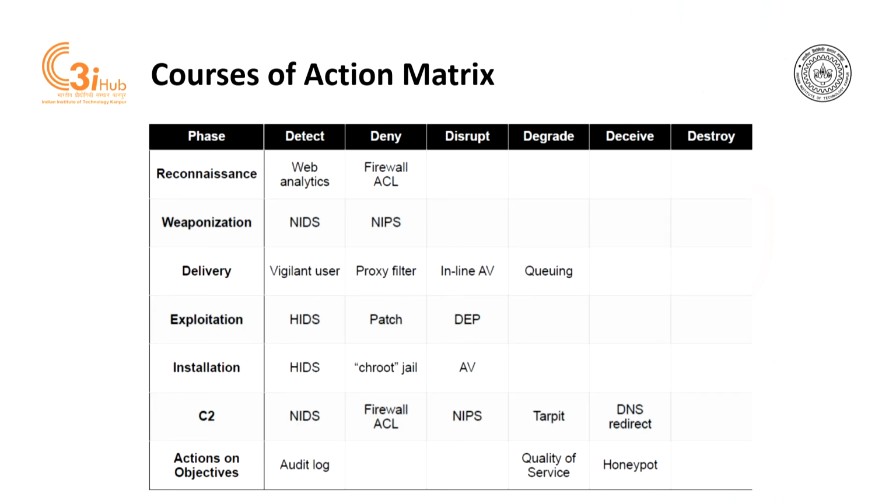Similarly, in the C2, that is command and control, you can detect the command and control traffic by having a network intrusion detection system. You can deny the C2 traffic through configuring the firewall very quickly and adaptively, or using also some access control system. Also you can have what we call micro segmentation or segmentation of the network.